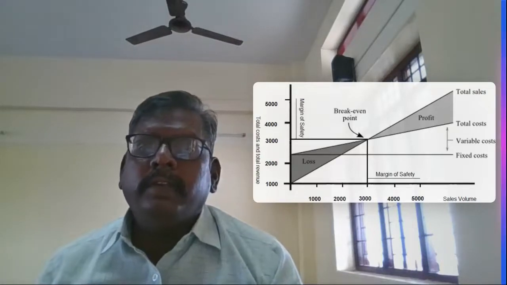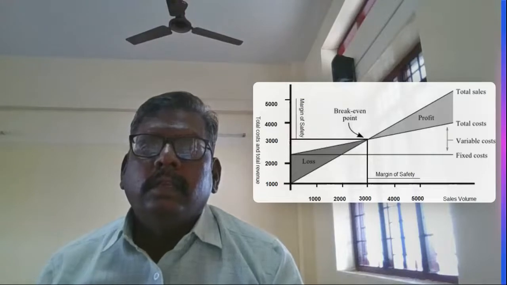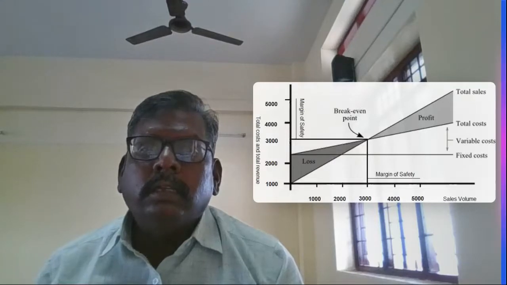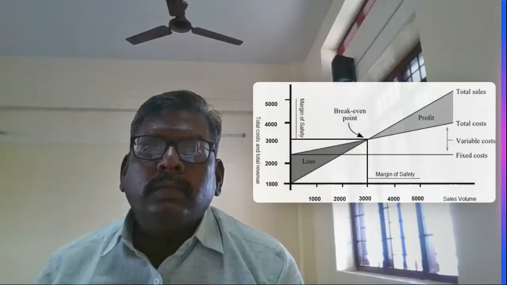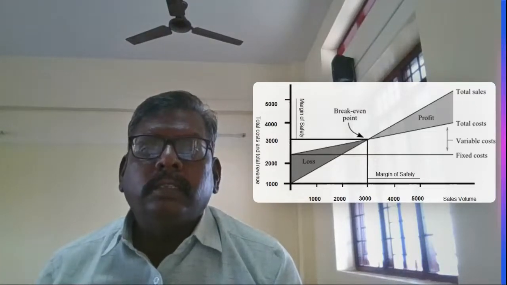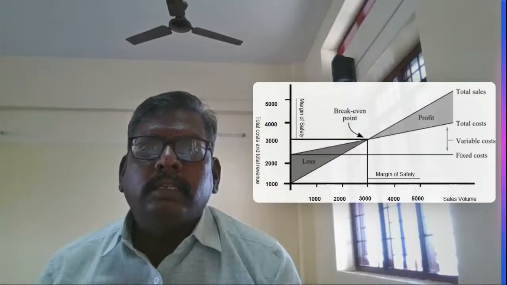Let me explain first about the fixed cost from this graph. If we produce 1000 units, the fixed cost is 2400. If we produce 2000 units, the fixed cost is 2400. If we produce 3000 units, the fixed cost is the same 2400.